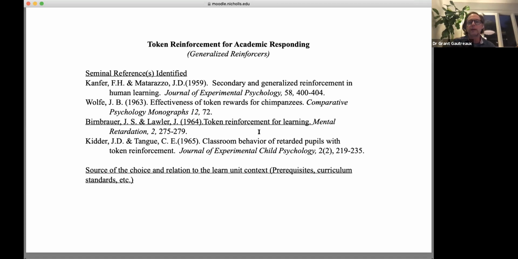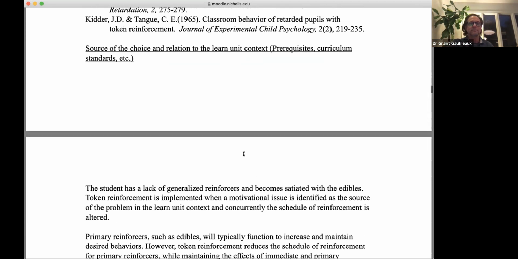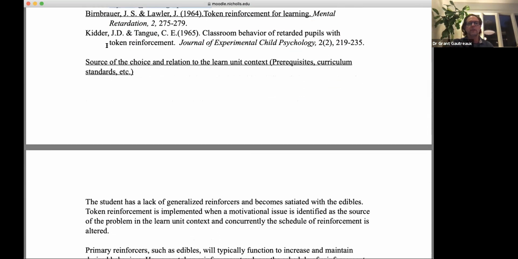All right, token reinforcement for academic responding. Some seminal references could be outside of the human literature. I have a non-human experiment going on in front of my eyes right now. Right?